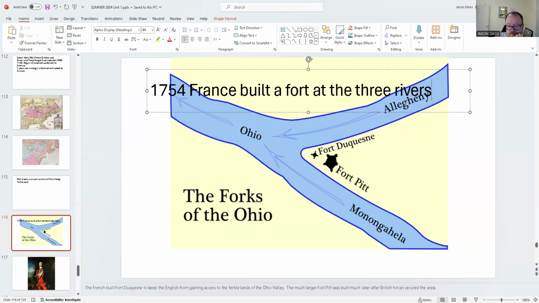And it's right there where the three rivers come together, the Allegheny, the Monongahela, and the Ohio. You do not have to know the names of the rivers. But this is where Pittsburgh is now. That's why when I was growing up, the Steelers played at Three Rivers Stadium. So the French put their fort right here to block access into the Ohio Valley, which is right here. Fort Pitt will come later.